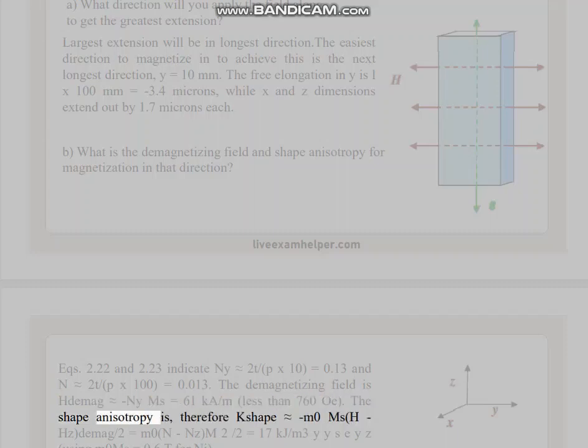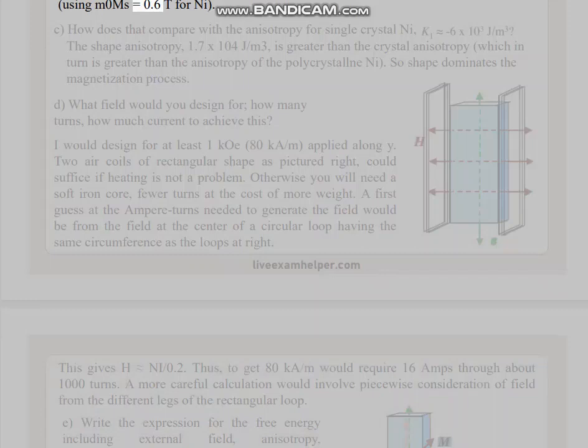The shape anisotropy is therefore approximately μ0 Ms H_demag/2 equals μ0 N Ms²/2, equals 17 kJ/m³, using μ0 Ms equals 0.6 T for Ni.